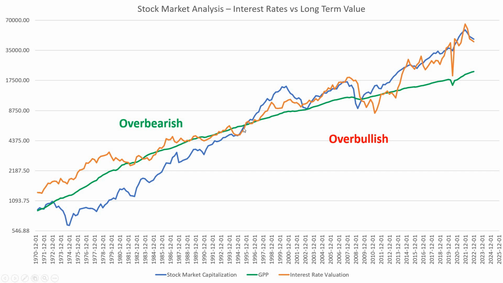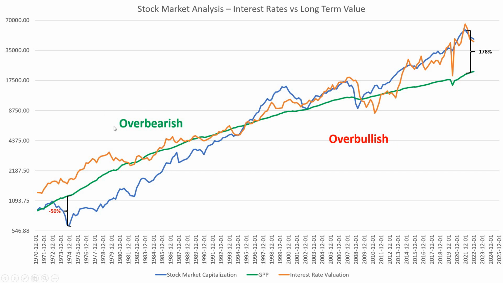And then something interesting happened at this point. When the stock market collapsed and was 50% of its long-term value in 1974, a change in sentiment happened in the mid-1990s. It went from being bearish to over bullish.